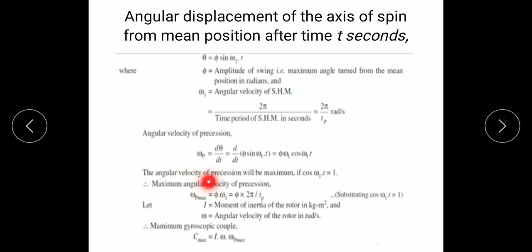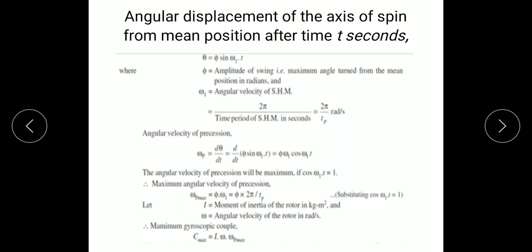The angular velocity of precession will be maximum when cos omega 1 t equals 1. So we have to substitute cos omega 1 t equal to 1; then only we get the maximum precessional velocity.